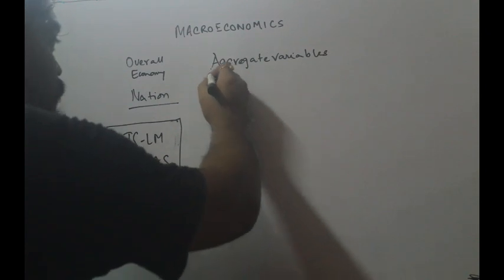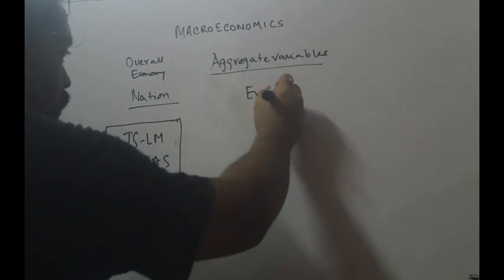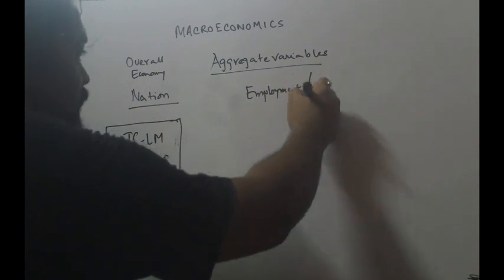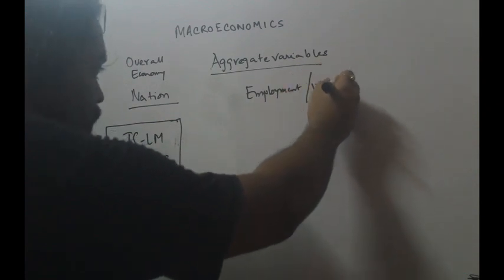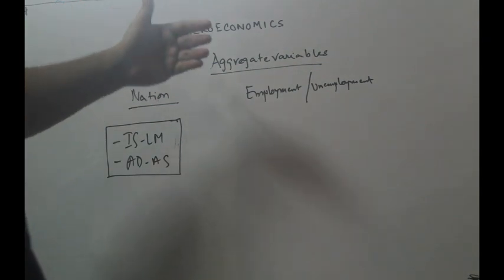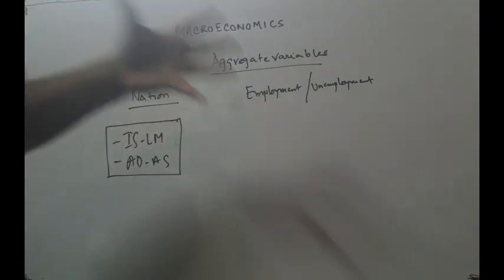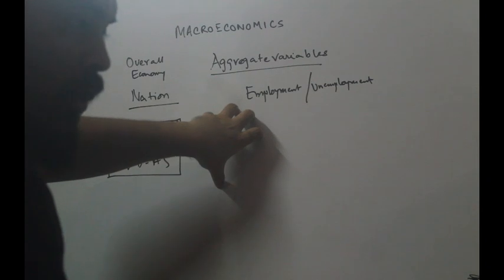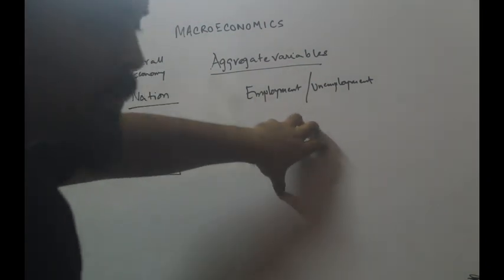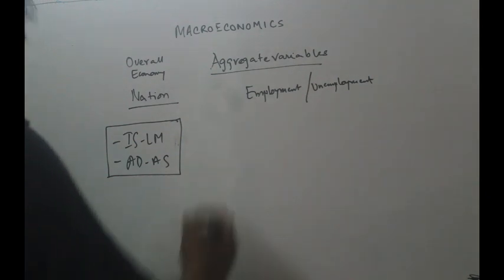Things we talk about: aggregate variables, employment, or rather people talk about unemployment. There are ratios, there are percentages that can give you an idea about the current scenario of employment or unemployment in a particular nation. Index and all these things are there.